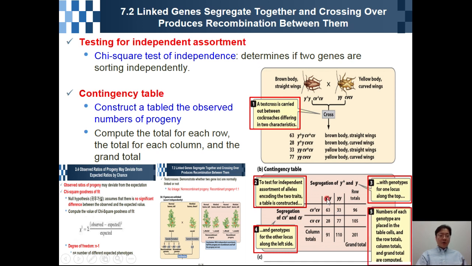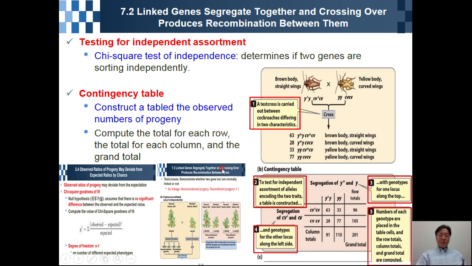For example, y plus y and cb plus cb, the number is 63. How about y plus y and cb, this one is 28. How about yy, cb plus cb, the number is 33. How about small yy, small cb and cb is 77.